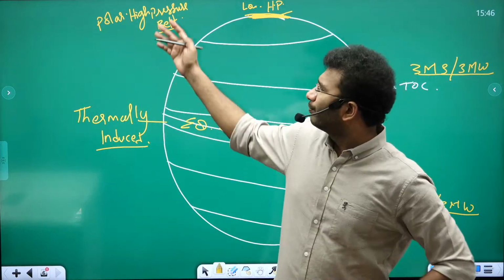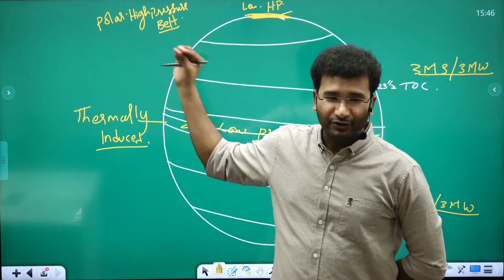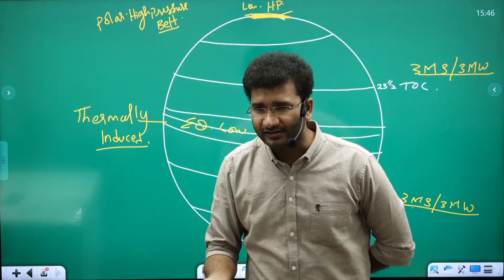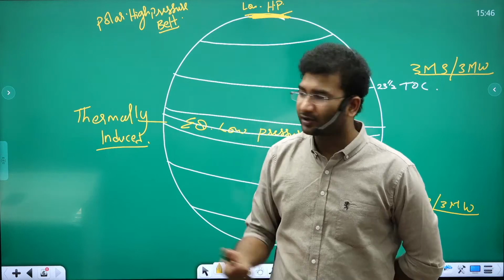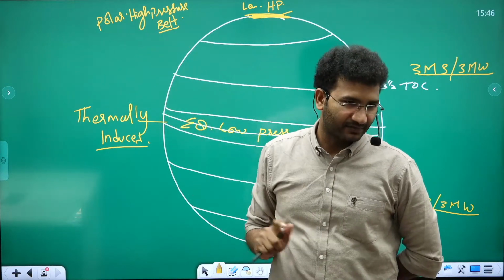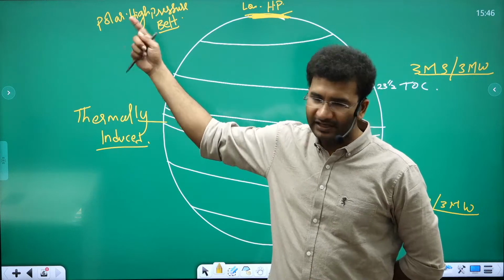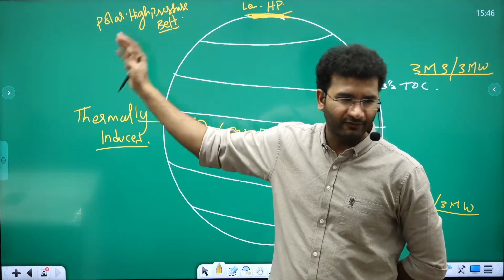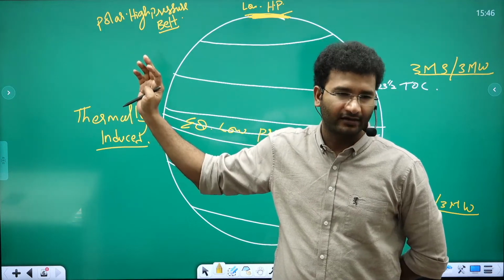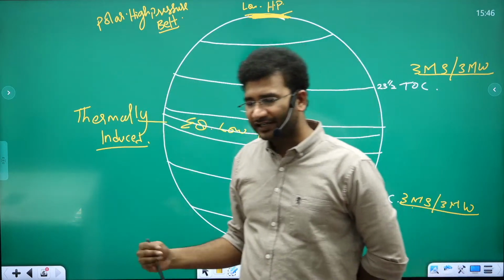But for your polar belt, the dominant reason is temperature, but there are also some other factors. So that's why we also call this polar belt a thermally dynamic belt. It is thermally induced, no doubt. Temperature is the prime factor, but there are some dynamic factors also. Right? But look at the rest of the pressure belts.